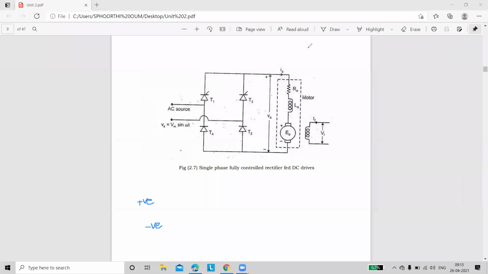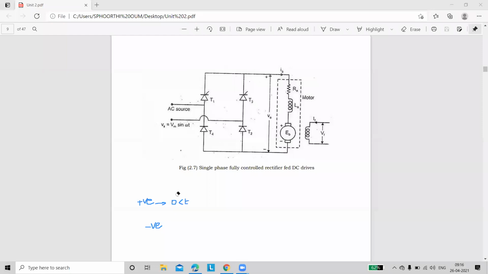What is the time period of the positive half cycle? 0 to pi, ma'am. So you have to write here like this: during the positive half cycle, the time period lies between 0 less than omega t less than pi.